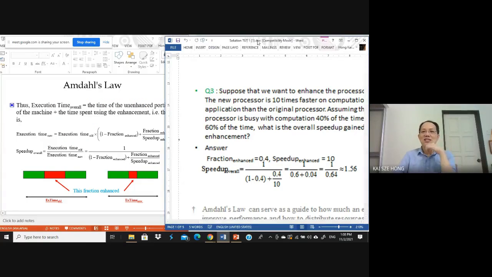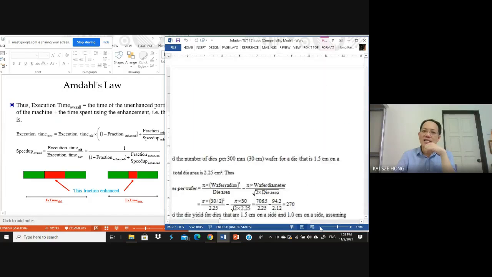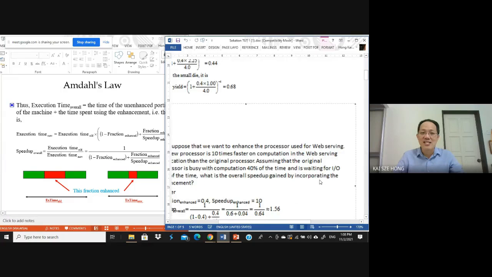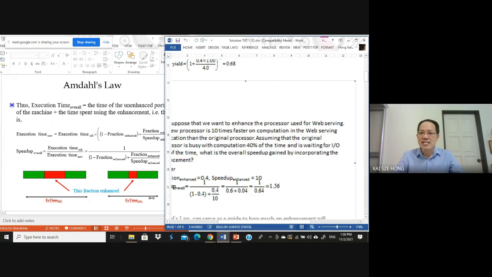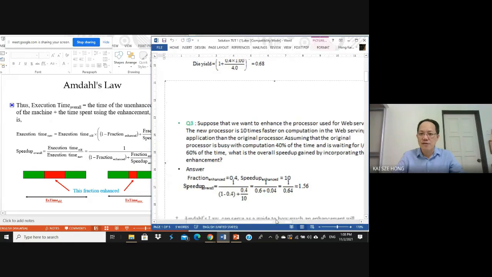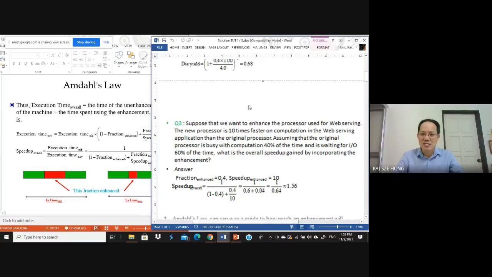What is speedup? The speedup depends on the portion that your new processor can improve. So let's say your new processor can improve 10 times, only for the 40%. The remaining 60% of the time, you cannot improve it.